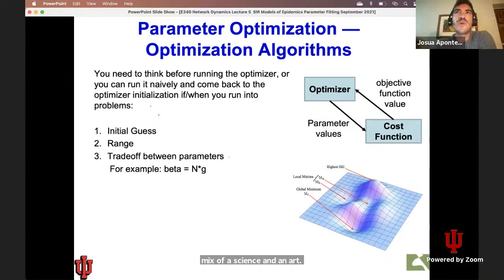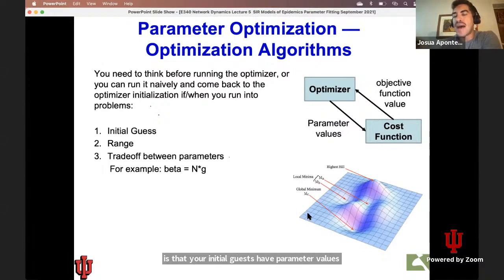As you do it, you get certain intuitions about what types of strategies work best. But one of the problems you might run into is that your initial guess of parameter values is bad, in the sense that it is too far away from the minimum, and your optimization algorithm is unable to find that minimum because of the initial guess that you had.